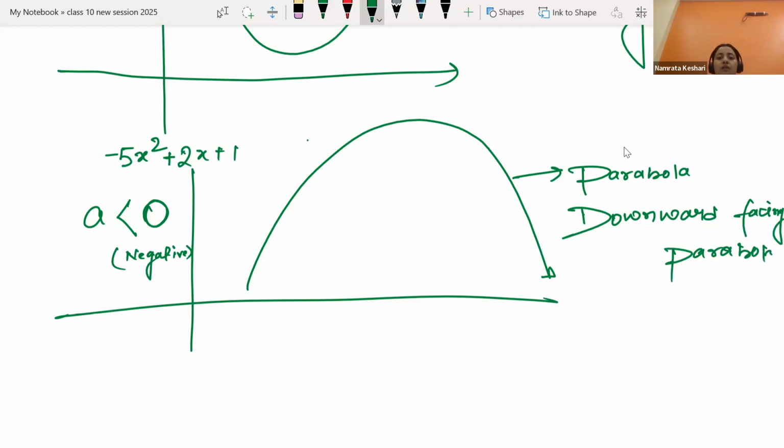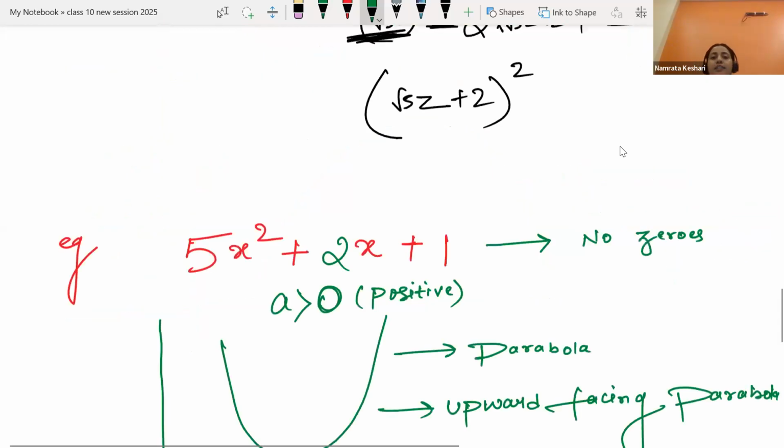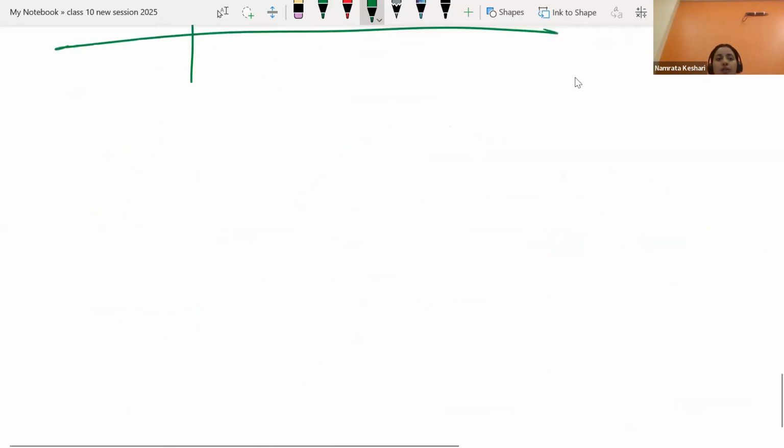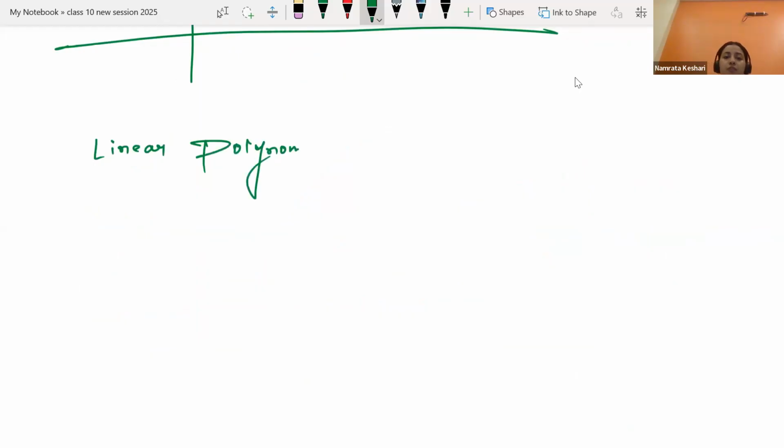Since we are discussing the zero of the polynomial, for a linear polynomial, when you trace the graph, let's say you have 2x plus 5, it will be a straight line. Tracing the graph you will learn in the next chapter.